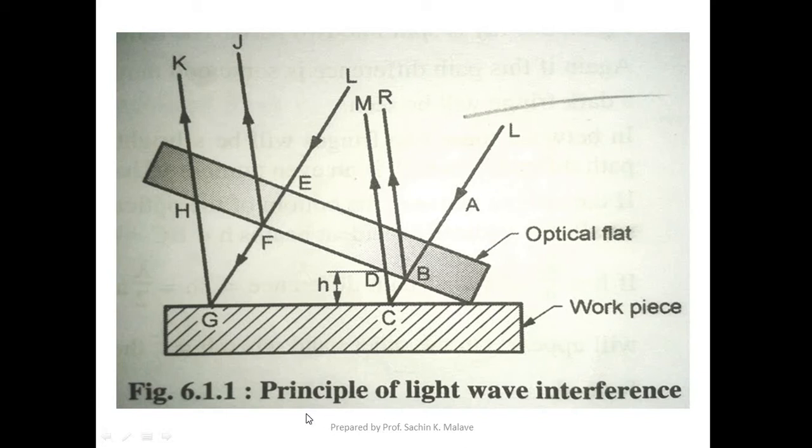In an interference pattern we see alternate layers of dark and bright bands. The distance between two alternate dark bands is lambda by 2, and each lambda by 2 distance indicates the elevation h between the workpiece and the optical flat.